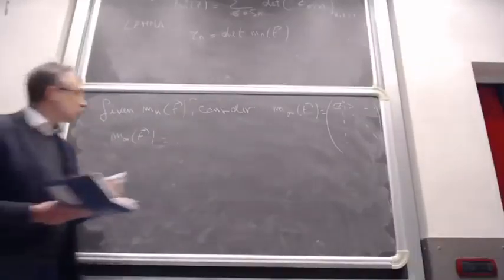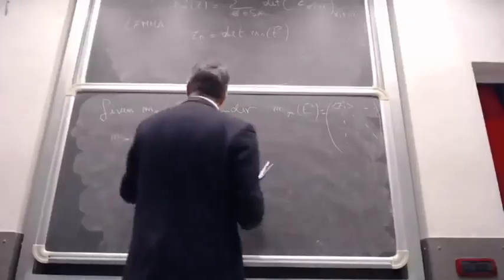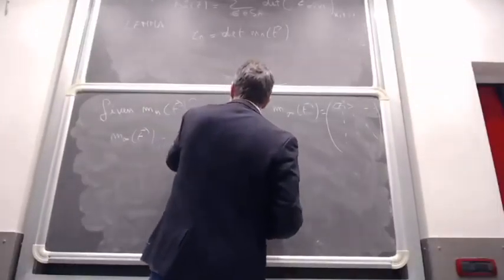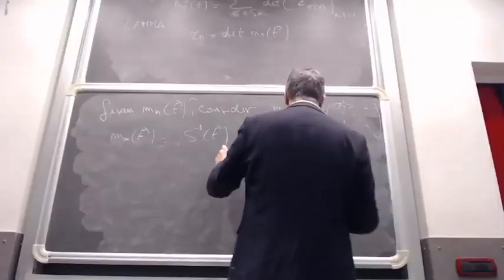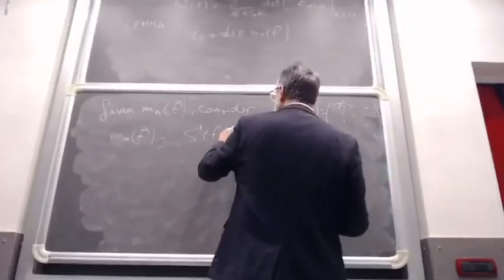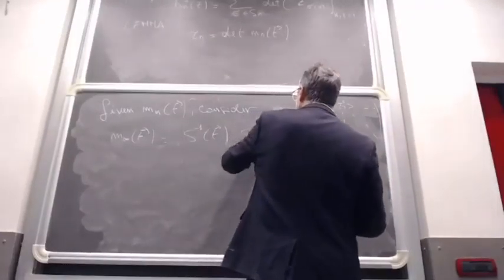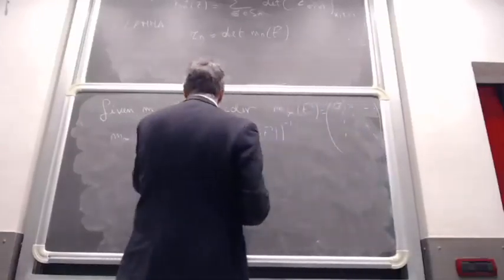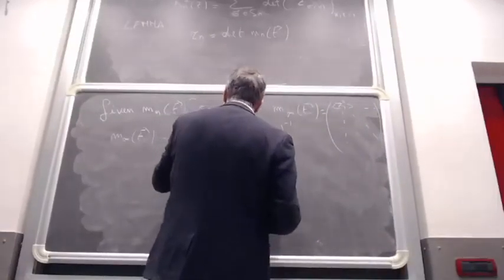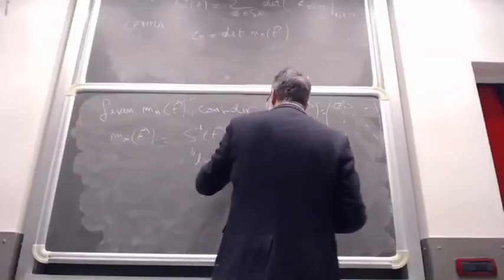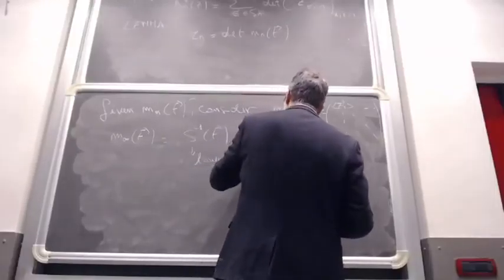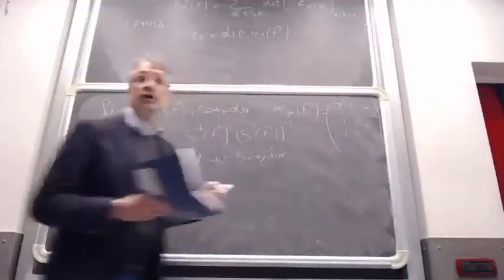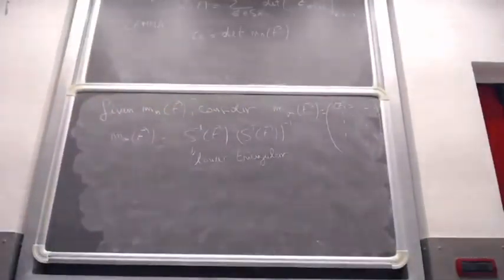What I want to do is to consider this decomposition, S to the minus 1 times S transposed to the minus 1, where S is a lower triangular semi-infinite matrix.